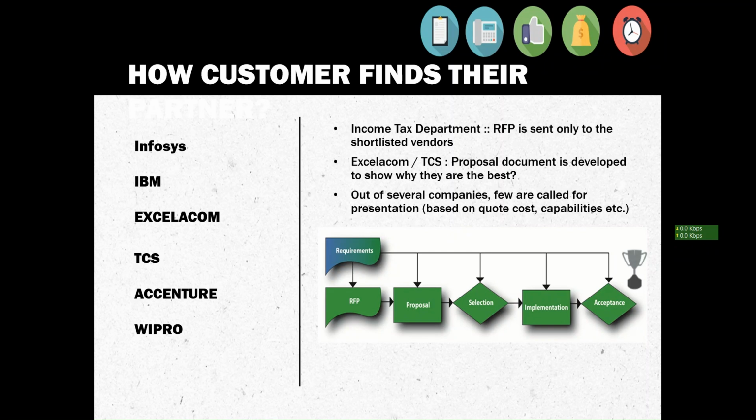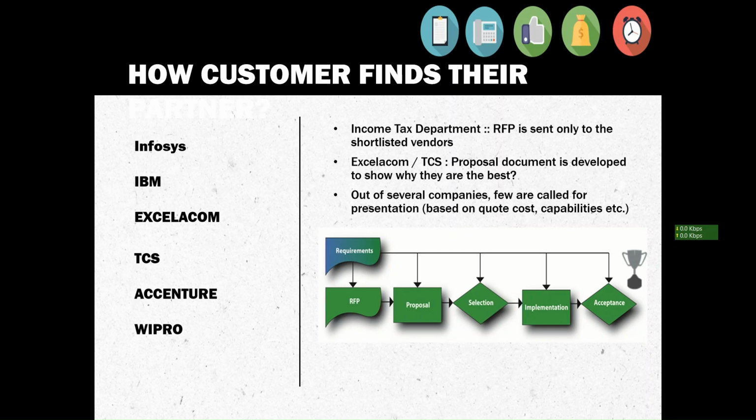After getting the RFP, the vendors will prepare a proposal document regarding the scope of work, timeline of work, and cost of work. Normally we show POCs to the client, proof of concept, giving a demo or presentation to show what we can do and how we can proceed with the project.